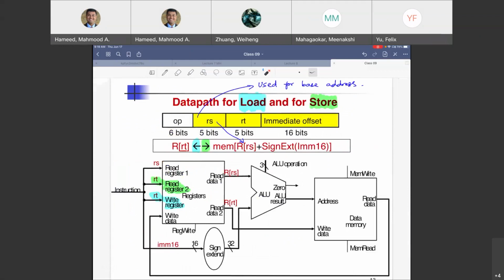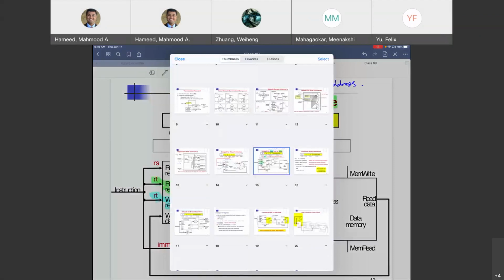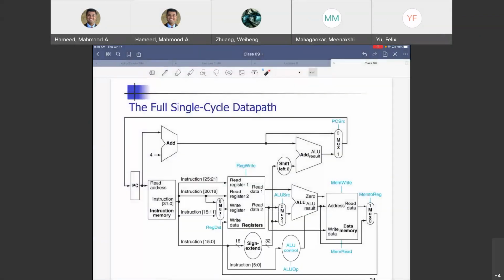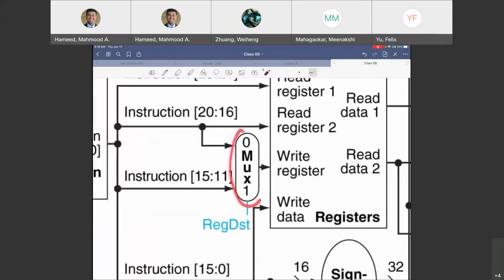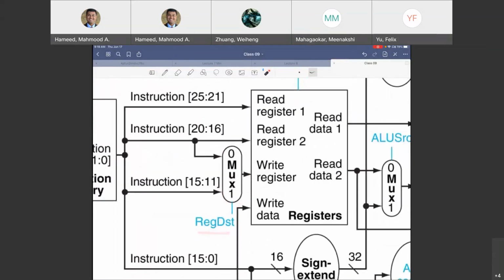So that brings me to this piece. I have register destination, RT field selection essentially. It could either come from this or it could come from this. This is the one that is different.